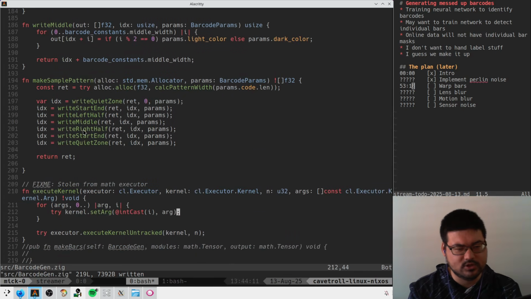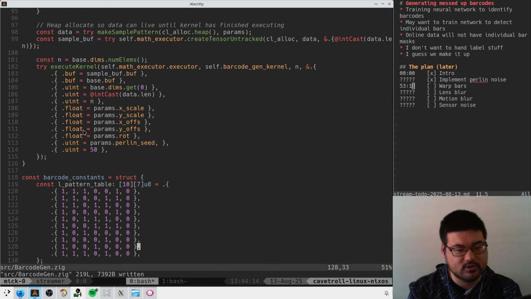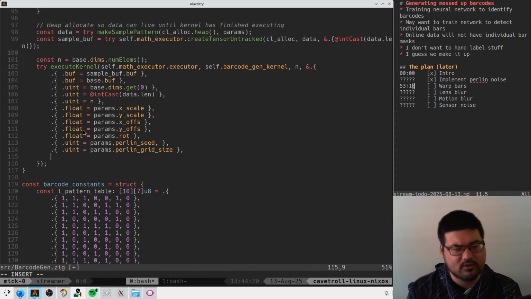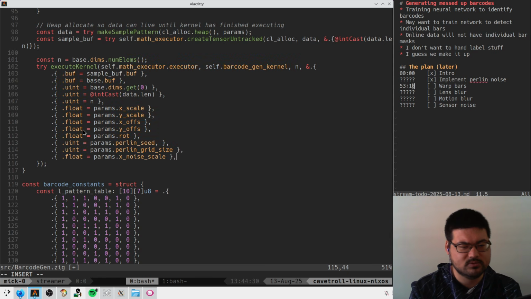Okay, and so he should be using that when he generates this thing. So here he has params, Perlin grid size, and then did we add, I think we had 2 more float params here, right? X noise scale and Y noise scale, I think was what these were.